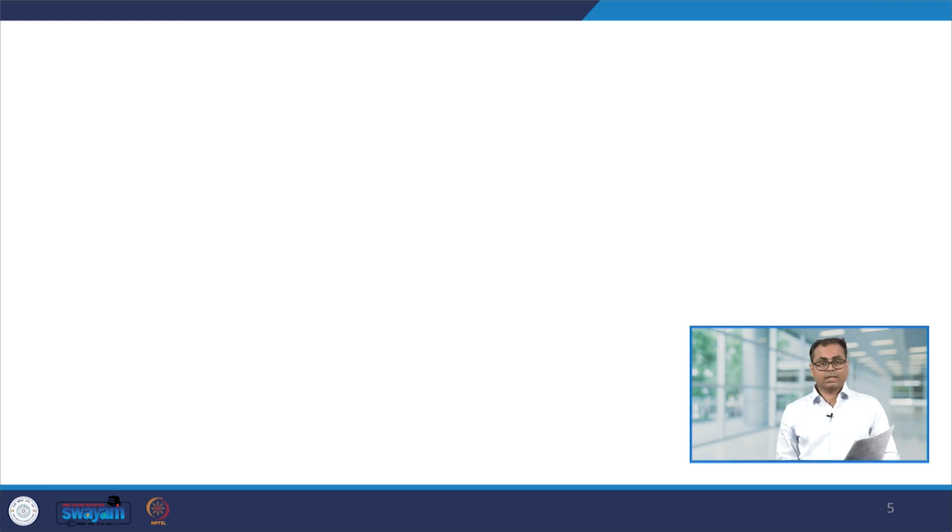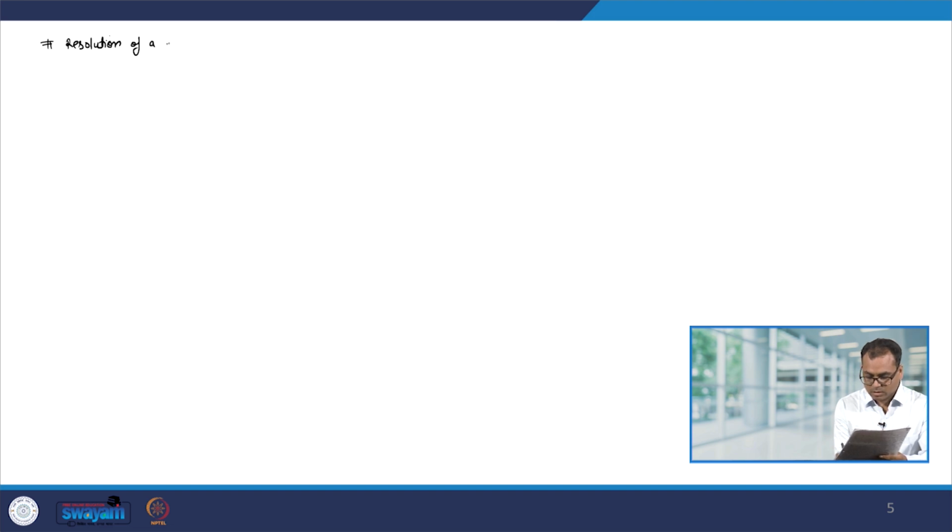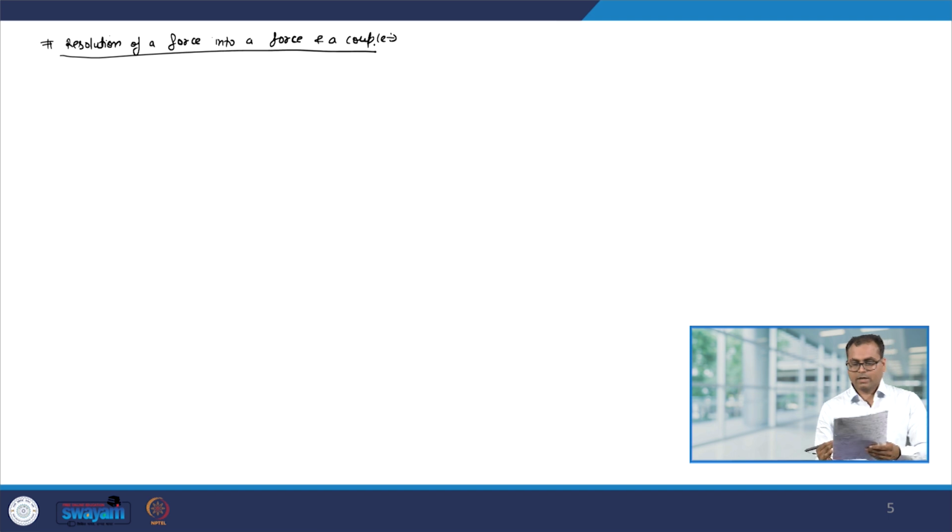Now, let us look at the resolution of a force into a force and a couple system. So, now we are going to see the resolution of a force into a force and a couple.